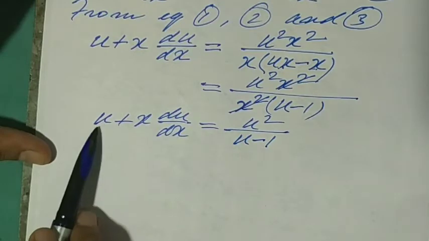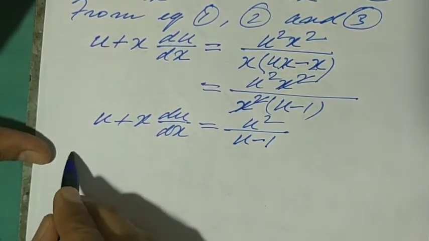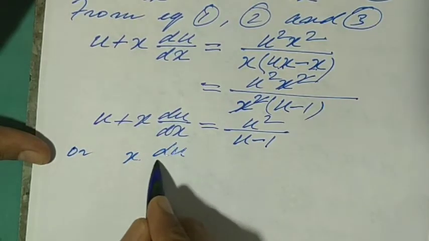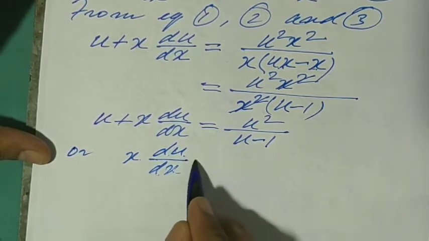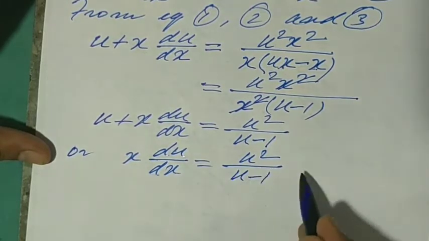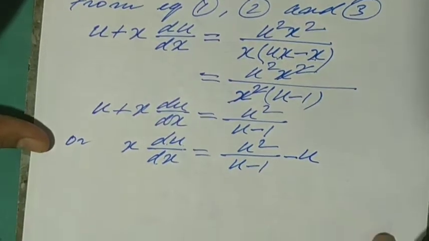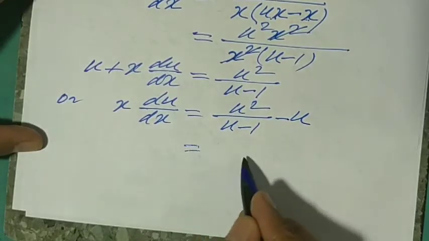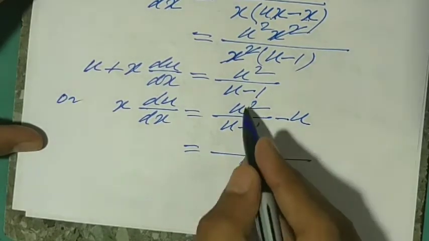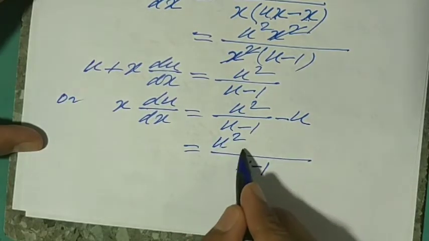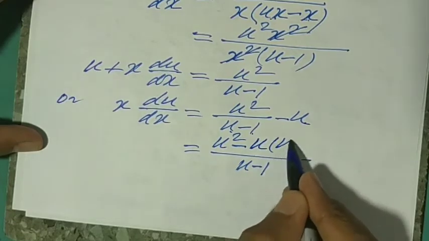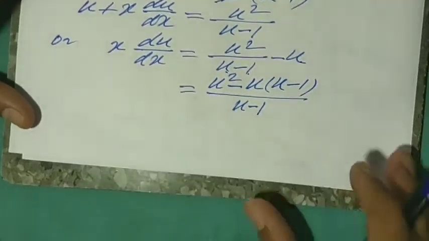Now we have to transpose this u to the right hand side. So on the left hand side we get x du upon dx is equal to u square upon u minus 1 minus u. On the right hand side now we have to take the LCM, u minus 1. So in the numerator we have u square minus u into u minus 1.